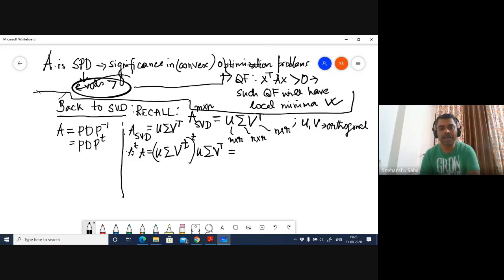I'm sure we can open this up. So the first expression on the right-hand side, if we open this up, it is nothing but V transpose, which is nothing but V, and then this singular matrix transpose, and then U transpose.